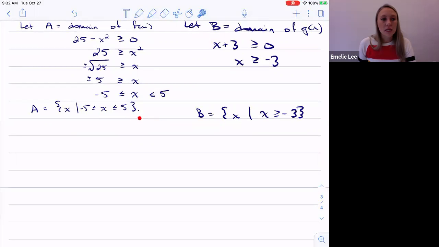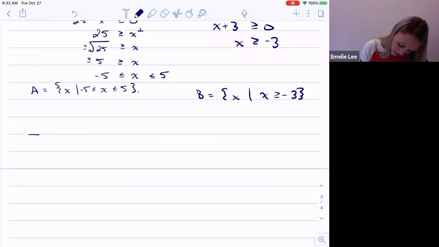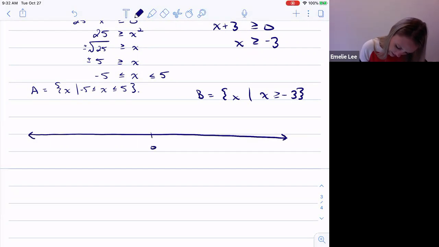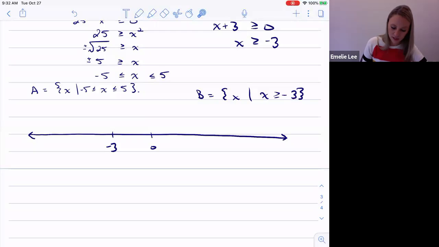For A and B, we're saying it has to be the overlap, right? So what I find is easiest is we have to figure out where these two things overlap. So I use a number line often, unless it's obvious, right? Then you don't have to, but I'll put 0 there, and then I've got negative 3 as a check-in point.